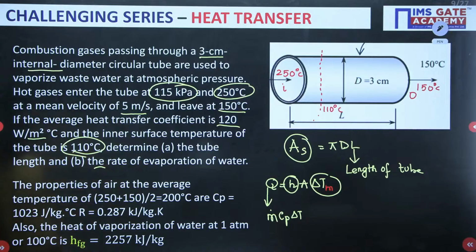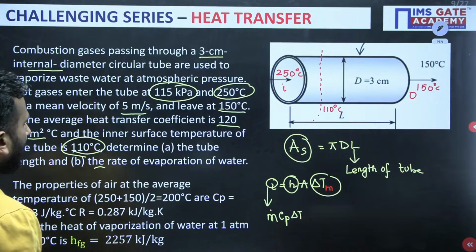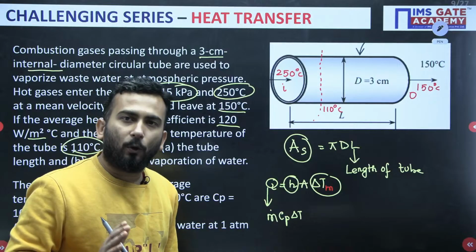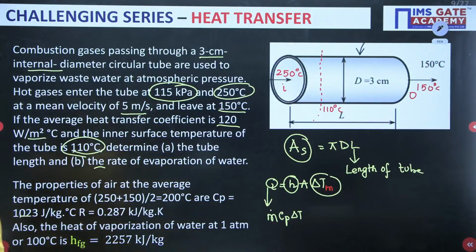Cp is given, and delta T is also given. So I think the roadmap is clear. Please check the question again. Is the roadmap clear?